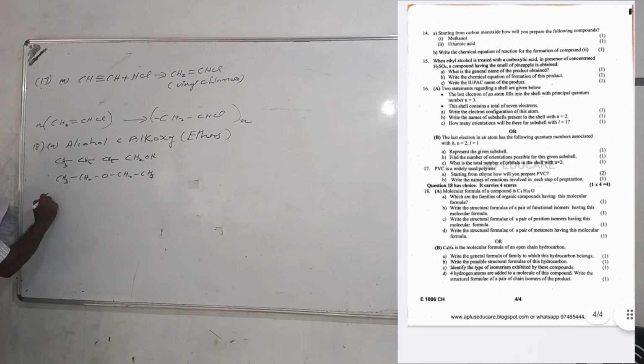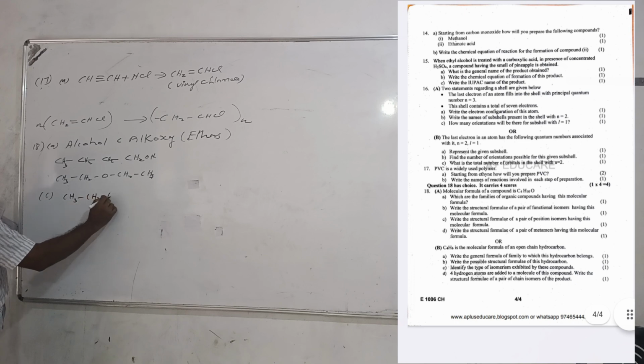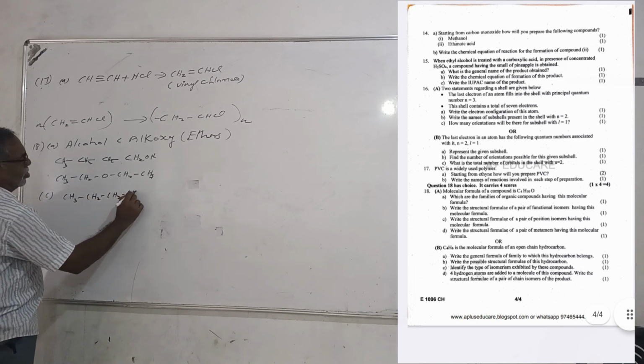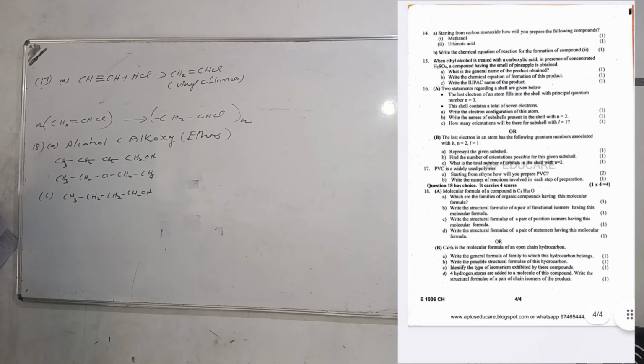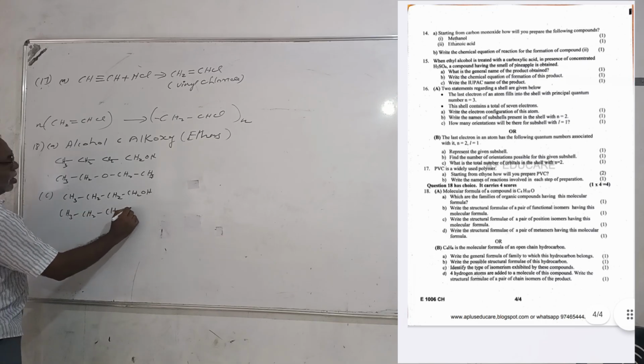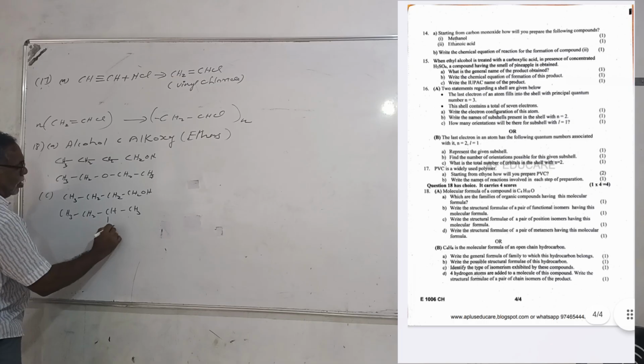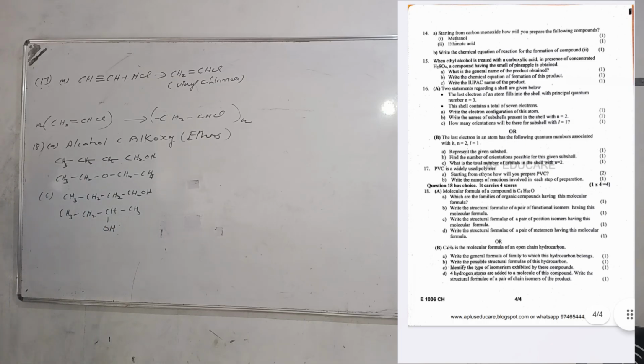So we can write CH3CH2CH2CH2OH, butan-1-ol, and another, CH3CHOHCH2CH3, butan-2-ol. The position of the functional group is changed.